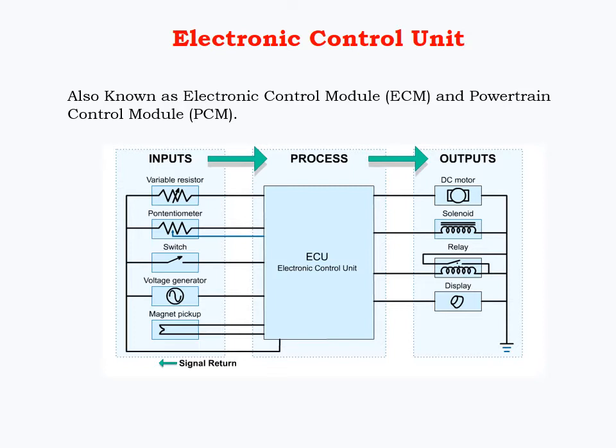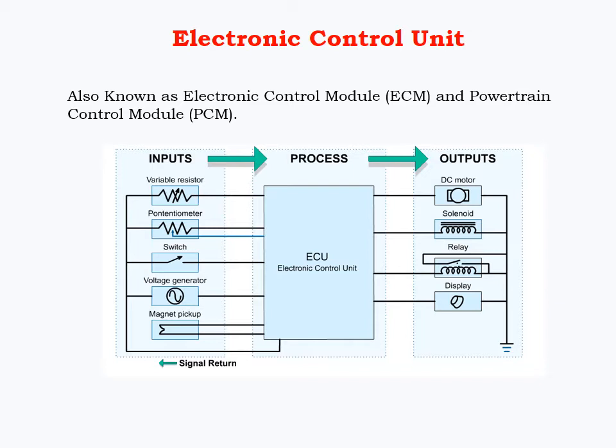As inputs, we are giving the sensor values, that is variable resistors, potentiometers, switches, voltage generators, magnetic pickups. Like that we are getting the values from the input devices, otherwise the sensors. We are getting the data into the processing unit, that is the ECU.